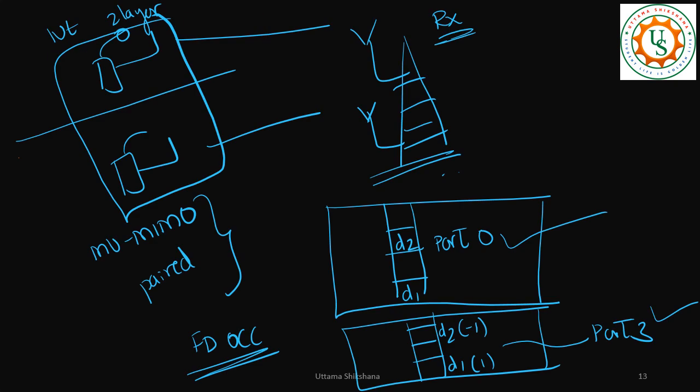Now, how does the channel estimation happen in the case of multi-user MIMO? Here we should be clubbing, right? Because we are treating it as a single UV with two layers. Definitely, then what will happen? H 2 cross 2.